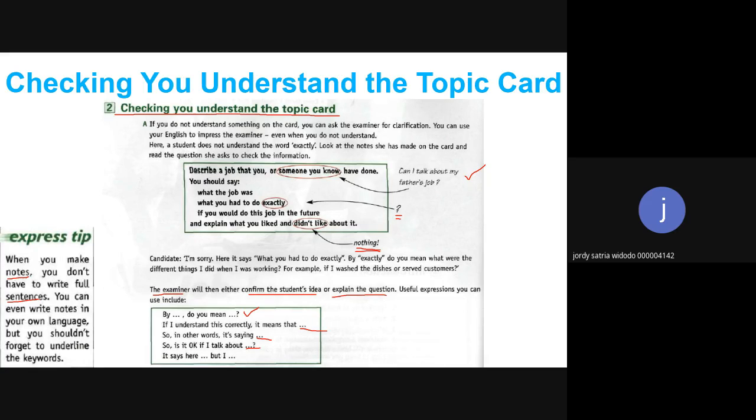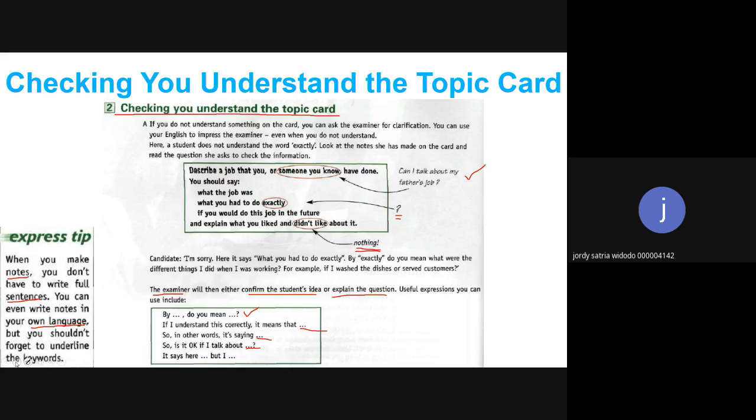You don't need to put that. What you need to do is put the ideas. You can even write notes in your own language, such as Bahasa Indonesia. It's okay, but you shouldn't forget to underline the keywords. Please remember the keywords that you want to express later in your story, in your speaking.